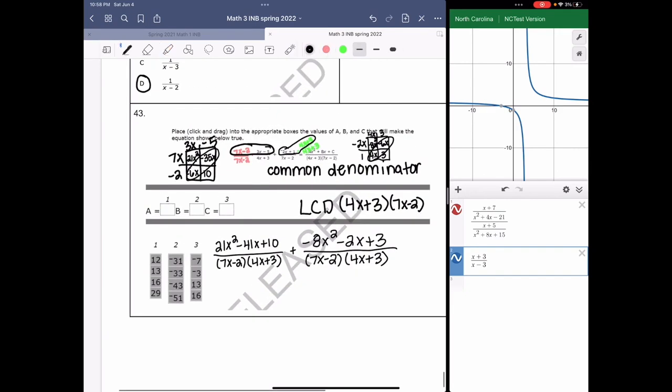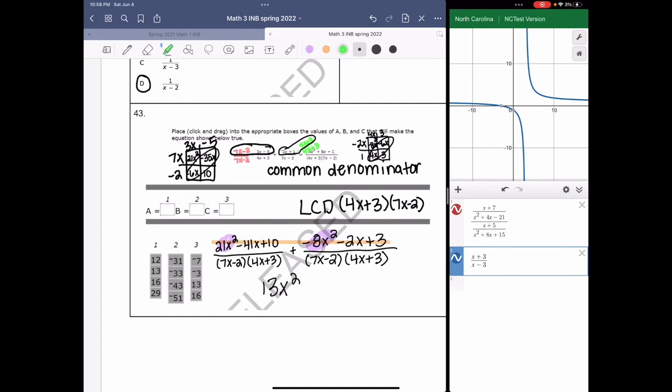And now, all I have to do is combine my like terms for the numerator. So I have 21x squared and negative 8x squared. What do we have? 21 minus 8 is 13x squared.